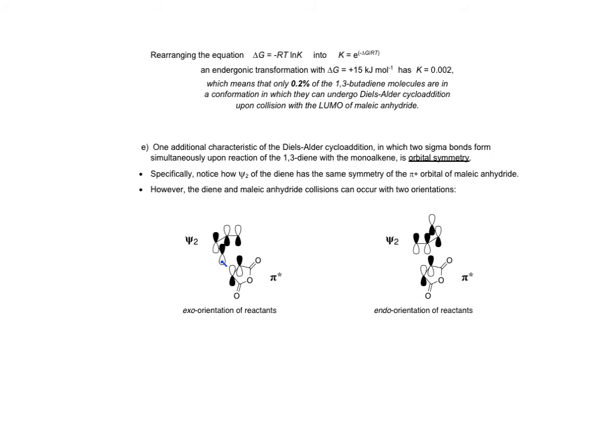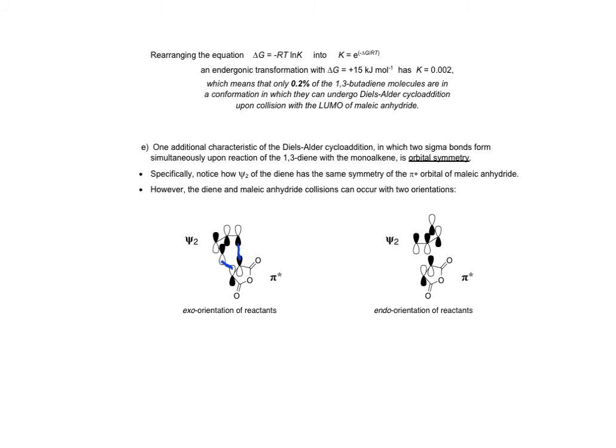Specifically, the polarity of this p orbital component is in symmetry with a p orbital component of the pi star orbital, and likewise there is symmetry between the other p orbital of pi star with the terminal p orbital of psi 2.